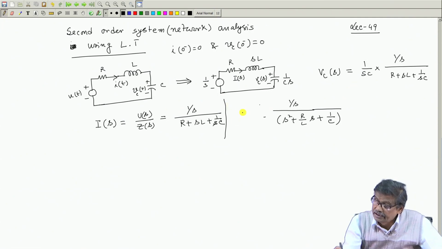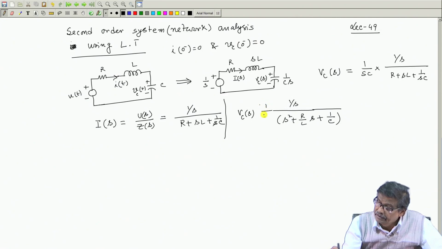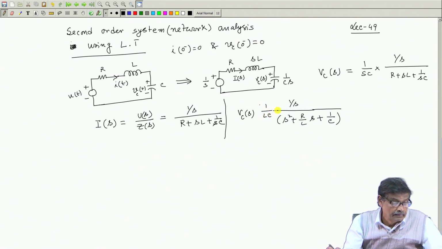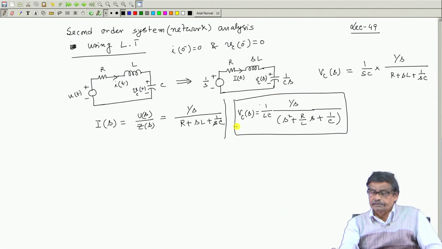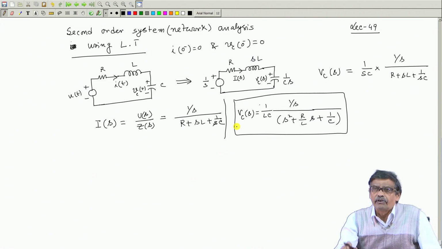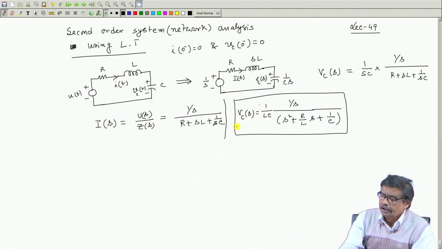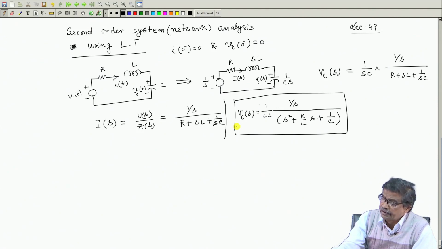So, VC(s) will be 1 over LC, on the top 1 over s, and this is the thing. The voltage across the capacitor can be written in this fashion. It is a general statement. Earlier I took some specific values of R, L, C and tried to see the response. Now, in terms of a general expression, it will look like that.